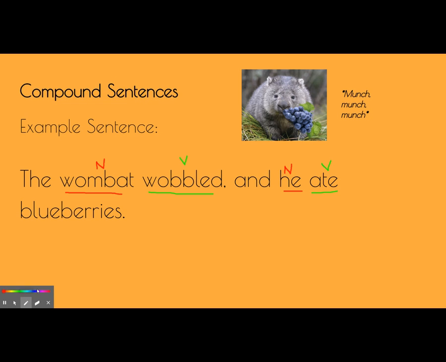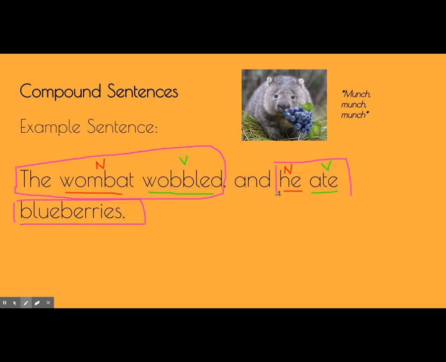What we're really looking at here, if you break this down, is two separate sentences. There's one right here. The wombat wobbled. He ate blueberries. Right? So we're looking at two separate sentences, right?